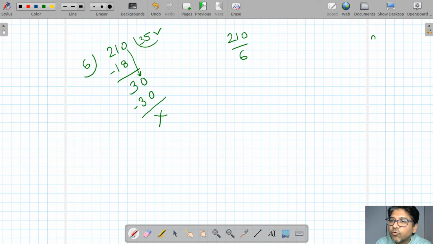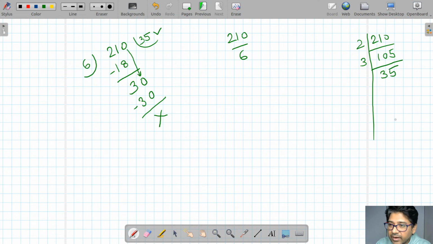Let's break it to 10. 10 का मैं LCM लेता हूँ. So let's do the LCM. 2, 5 is 10, then 3 is 35. Then next I will do the LCM of 6. 2 into 3 is 6.